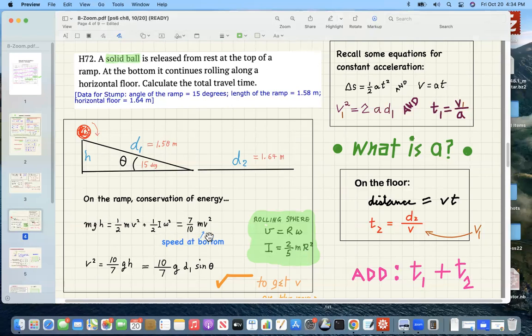So the kinetic energy as it leaves the ramp is not 1/2 mv squared, because that doesn't take into account the rotational energy. It's 7 divided by 10 mv squared. A half plus a fifth.